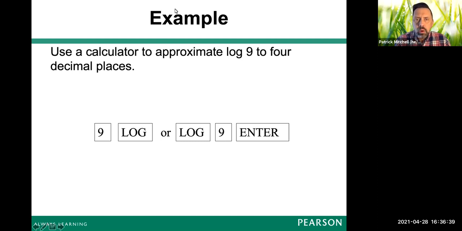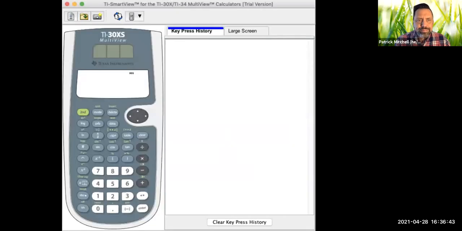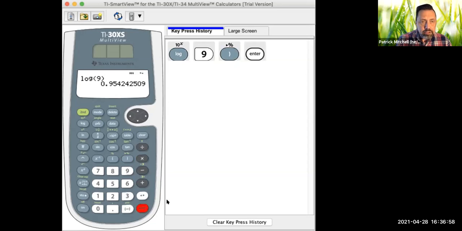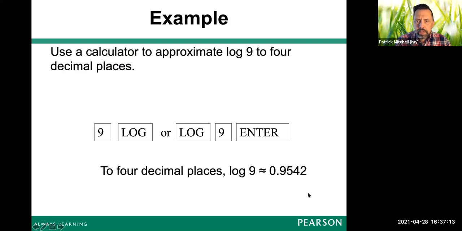Let me show you how it works on my calculator. On this calculator, we're going to press the log button first and then press 9, close the parenthesis. And to 4 decimal places, that value is approximately 0.9542, which you can see here.